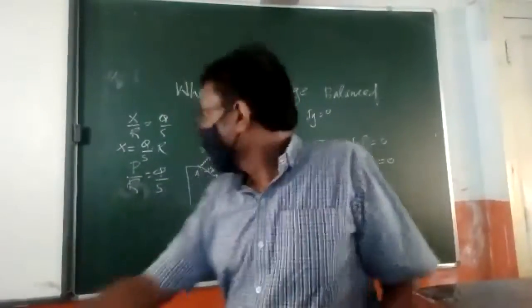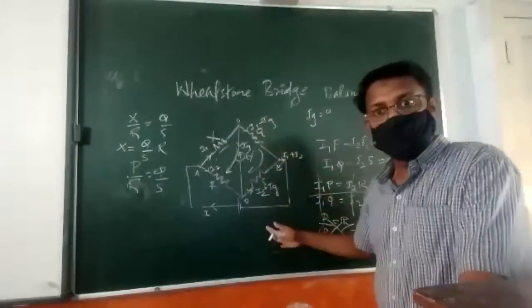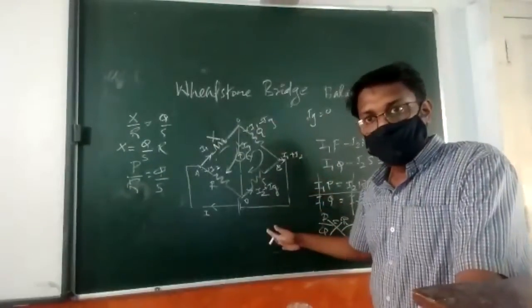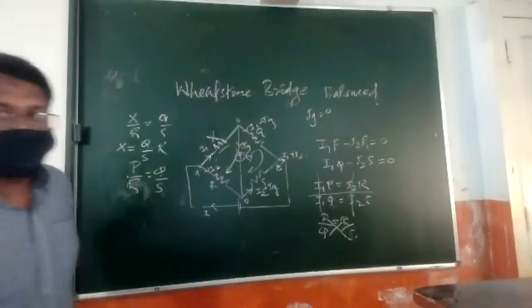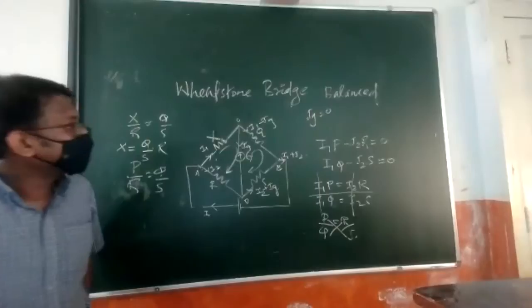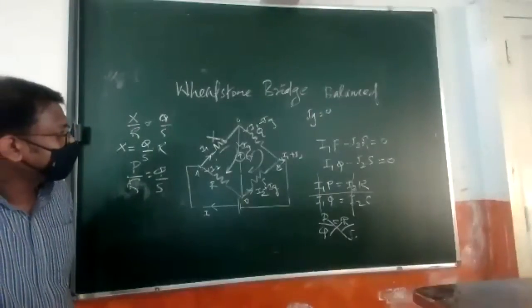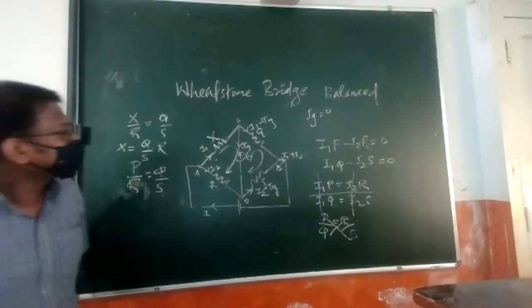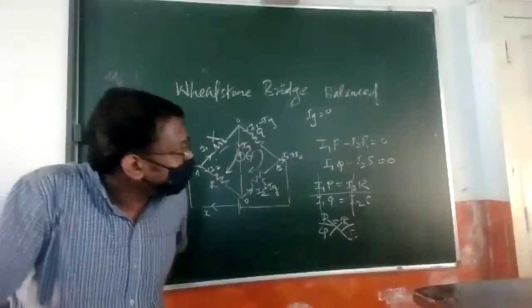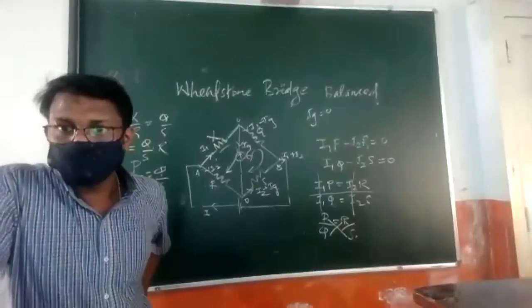Okay. Take down. I suppose you have made the diagram, isn't it? Then you write from ACBA: I1P minus I2R equal to 0.